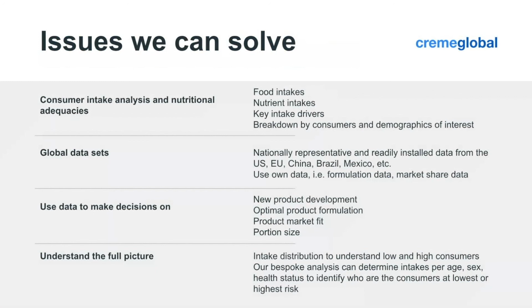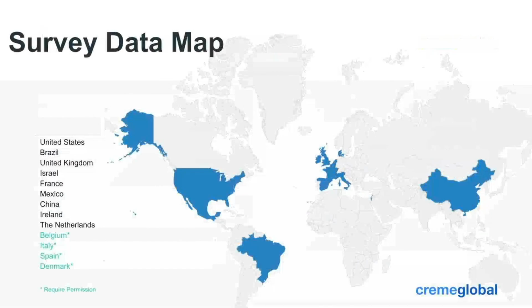Issues we can solve include consumer intake analysis and nutritional adequacy, so who is meeting recommendations or who is under recommendations. We have global data sets, from the US, EU, South America, etc., or we can also use your own data, and then we can use the data to make decisions on new product development, optimal product formulation, and portion sizes.